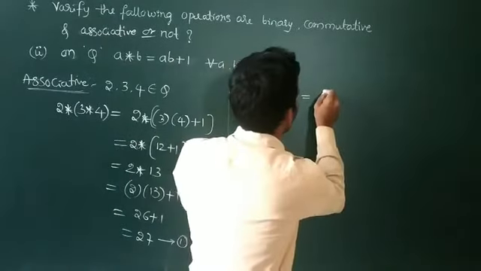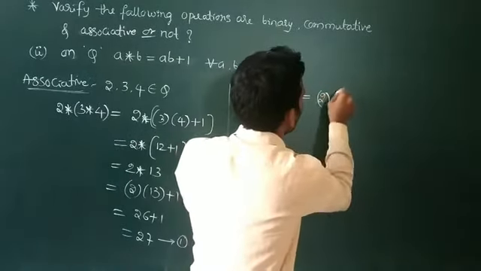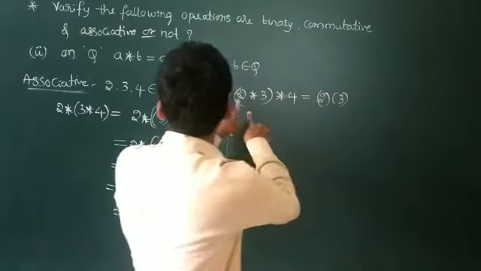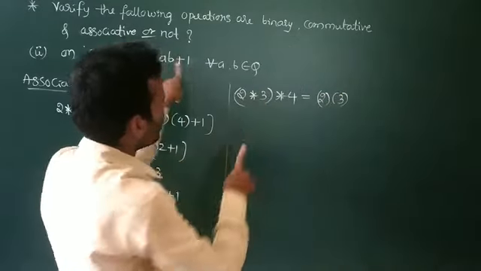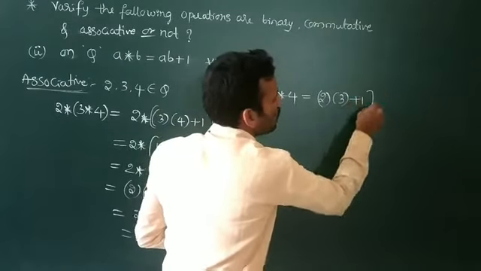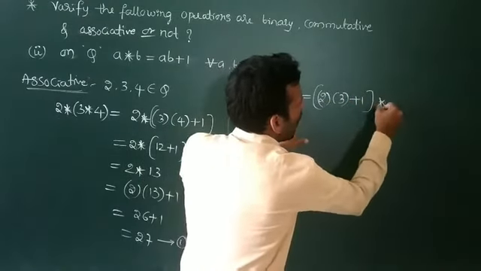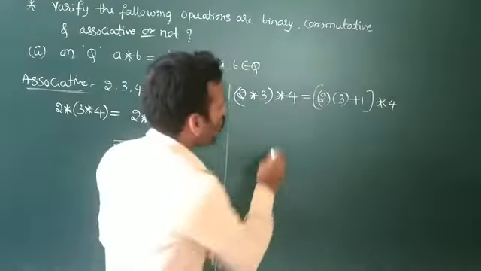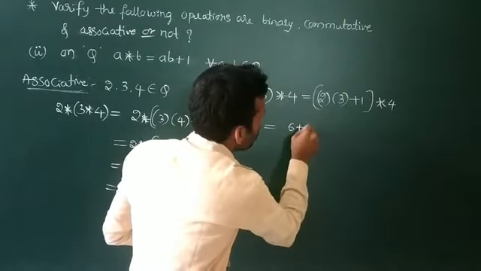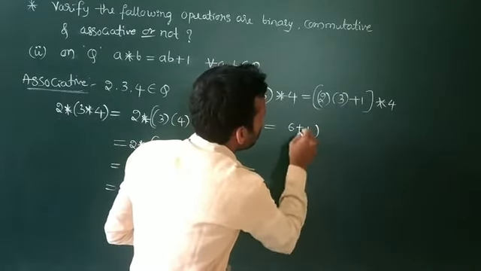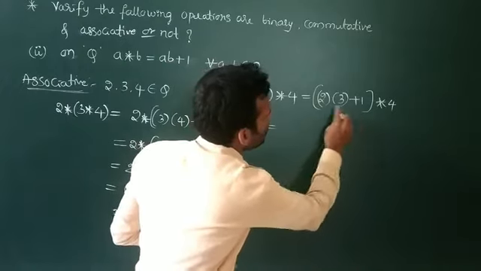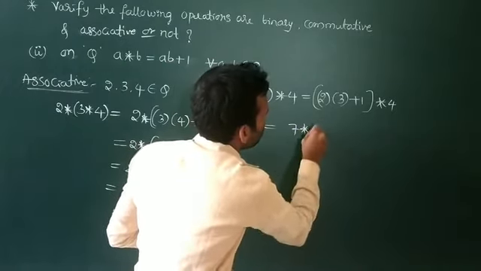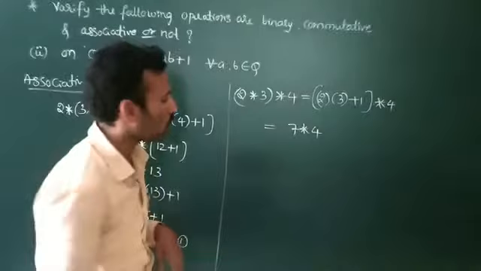2 star 3 according to the definition of binary operation is 2 into 3 plus 1, where A is 2, B is 3. 2 into 3 is 6, 6 plus 1 is 7. Then 7 star 4.